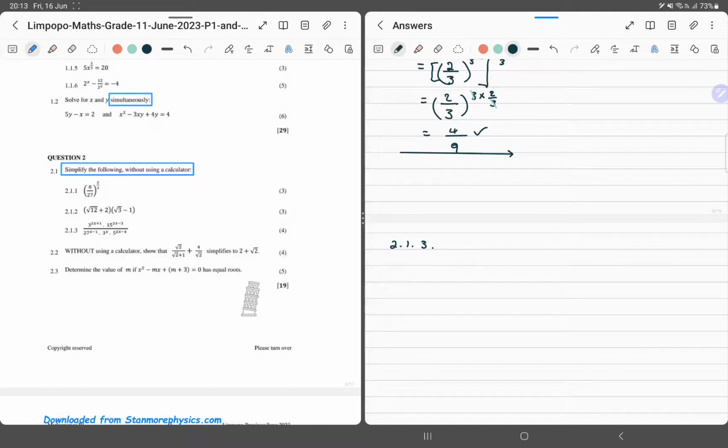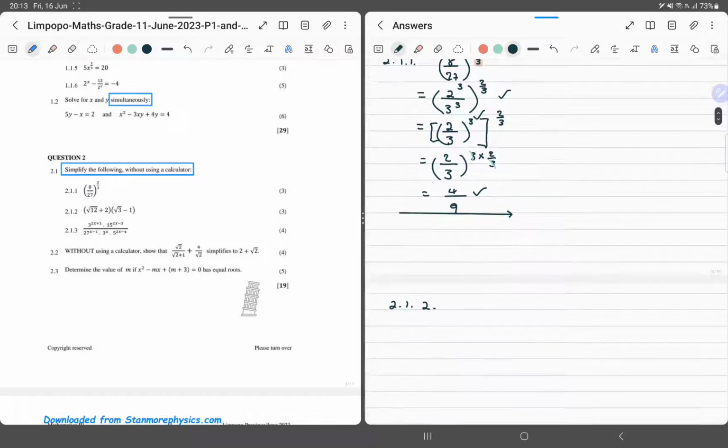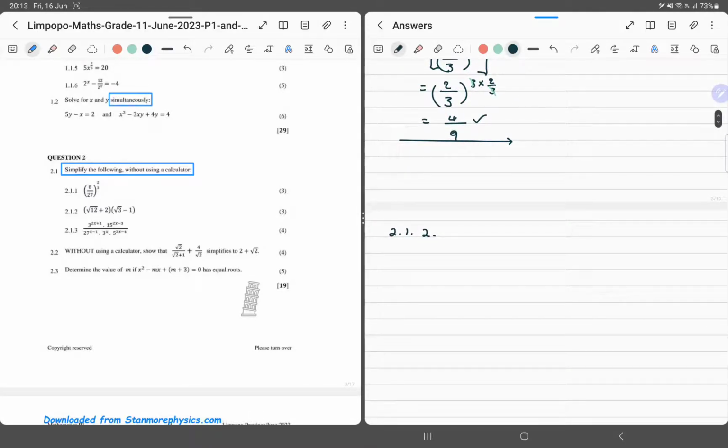2.1.2. So we are given here the square root of 12, plus 2, into the square root of 3 minus 1. You always try to do these into prime bases, so to speak.